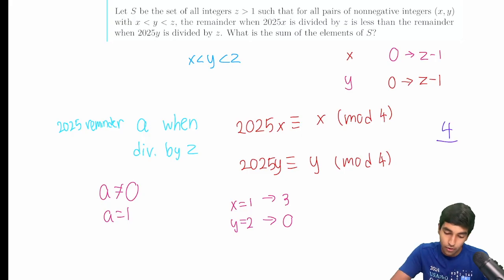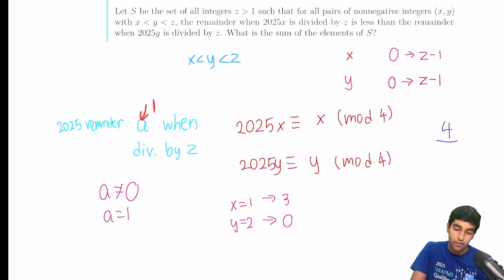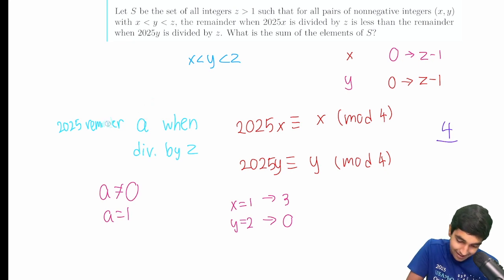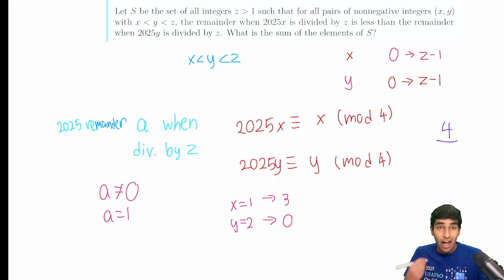That was exactly what we saw with the case of 4: 4 is a divisor where 2025 leaves a remainder of 1 when divided by 4. So any value for which a equals 1 always works.